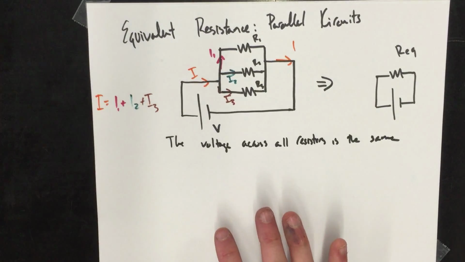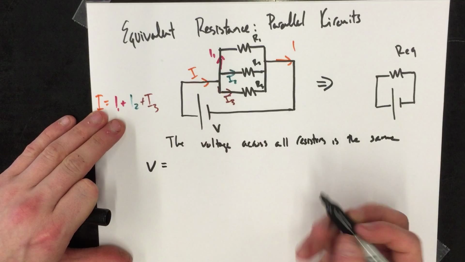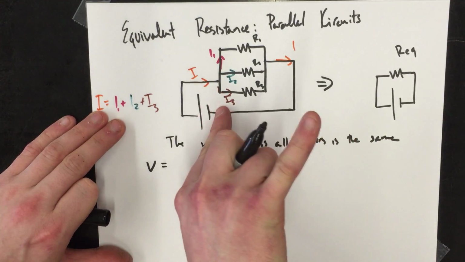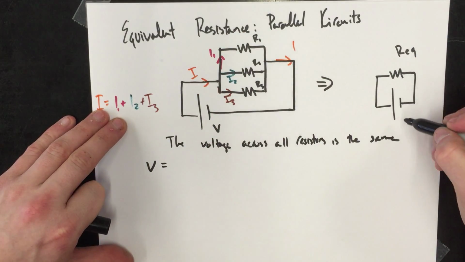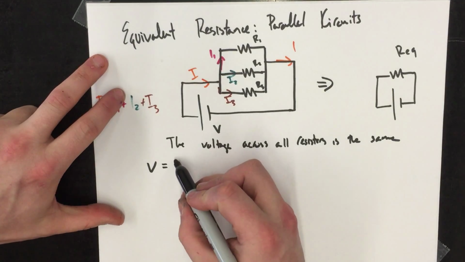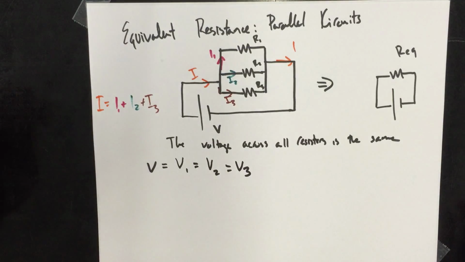So written algebraically, that looks like the voltage from this battery is, or also the voltage here, because remember, we're trying to take this circuit and turn it into a simpler one with just a battery and one resistor. It's V1 equals V2 equals V3.